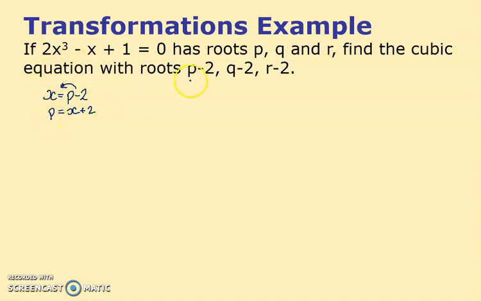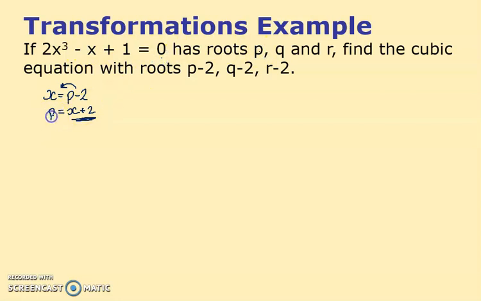The whole point about this is that we know that when you put p into this, it's a root. That means the equation effectively works. So I can substitute this into the equation. Rather than it being x, I'm going to put x plus 2 into my equation. The whole tenet of this is that a root will go into this, giving you the answer 0.